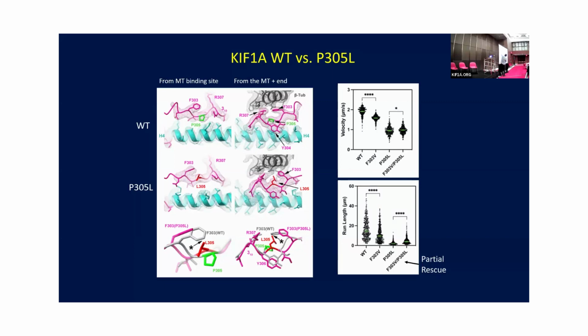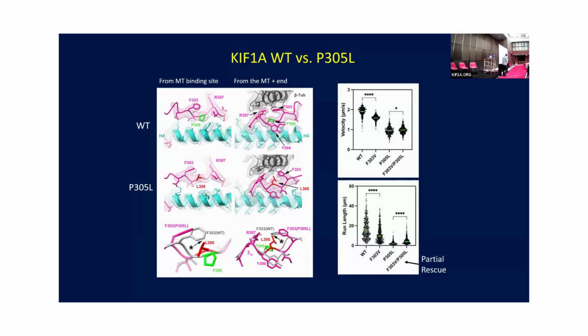You see phenylalanine F303 moves from this position to this position. And here we have an overlap to see the difference. So it is a small difference, but it's caused by the introduction of this leucine residue that makes a clash with this bulky aromatic ring, so that it moves away.